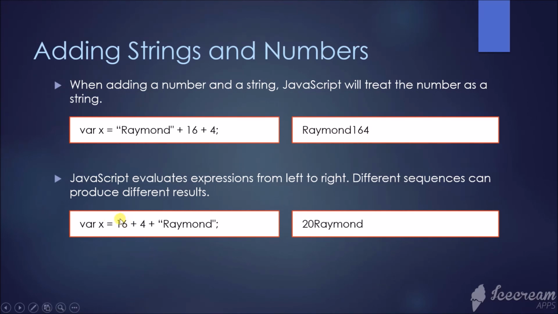Just because since JavaScript evaluates expressions from left to right, in this part, 16 is a number. Then 4 is also a number. Diba? So, therefore, we can still calculate this too. So, that's why nagkaroon ng result of 20. Now, the next thing na binasa is yung string. Since we are already adding a number na string, kaya yung naging result is 20 Raymond. Okay?